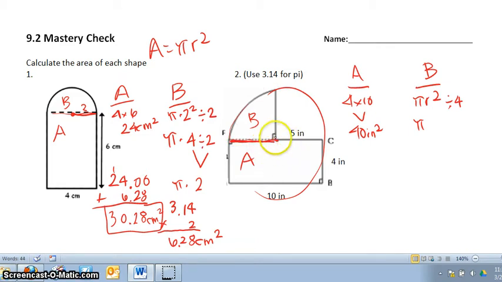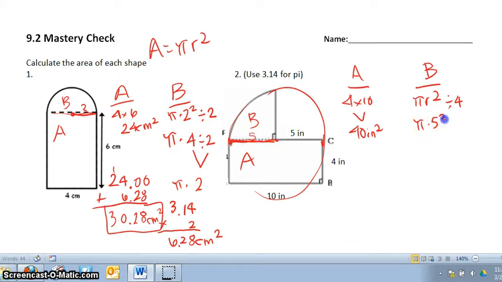Now I need to figure out what that distance is because it's not labeled. I can see that all the way across from here to here is 10 inches. That's labeled right down here. So that's 10 inches all the way across. If I subtract the 5 that I don't want, then I would have 5 left for my radius. So I'm going to plug that in.